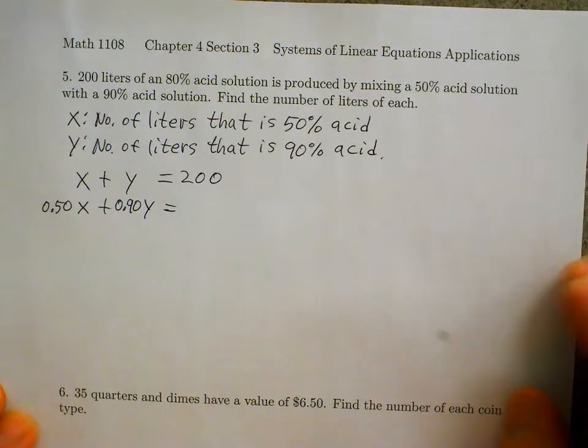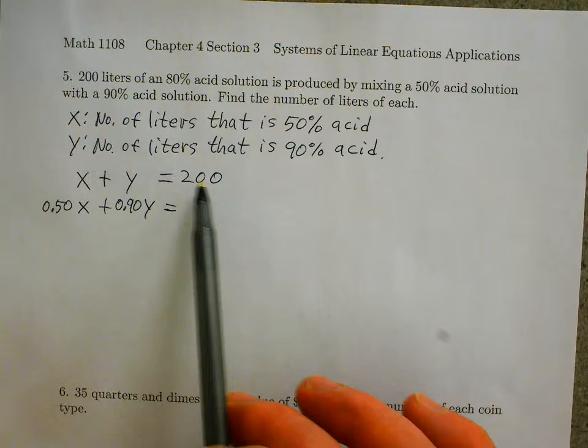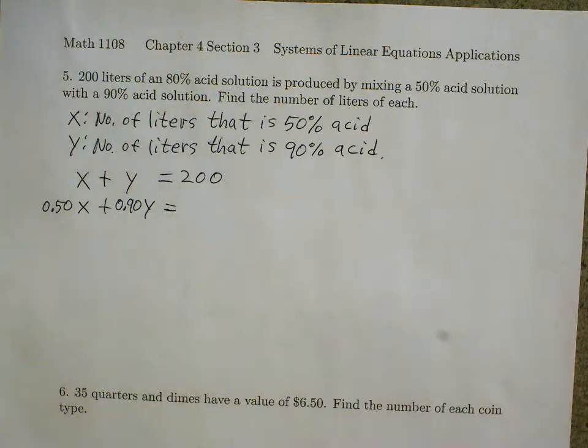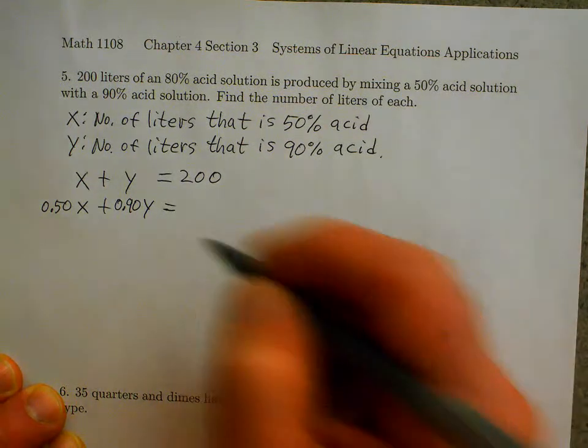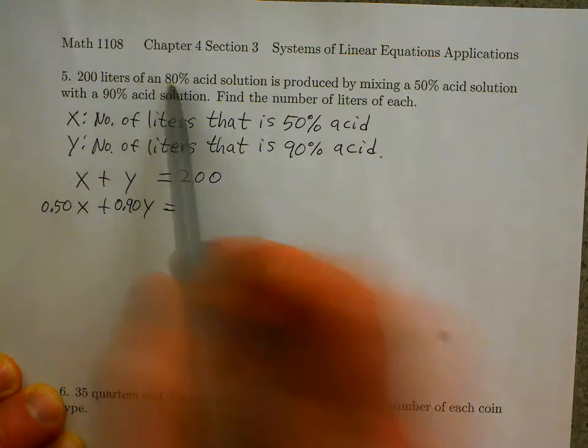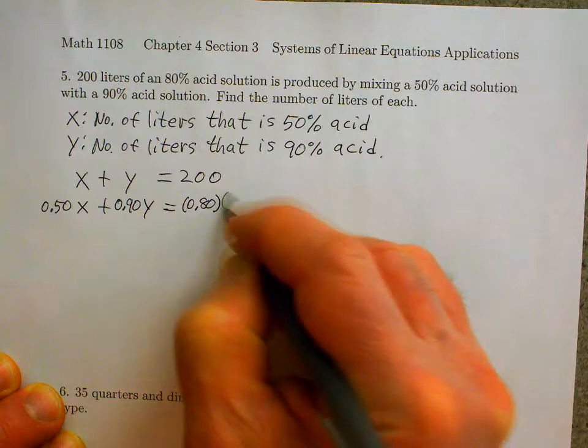And the mixture consists of 200 liters that is 80% acid, so the amount of pure acid is 0.80 times 200.